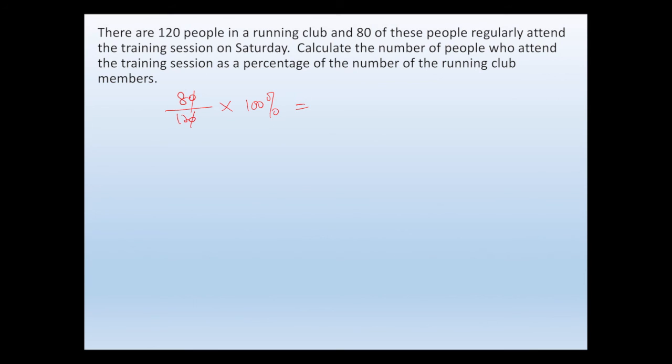So therefore, we can cancel that out. 80 divided by 40 is 2, 120 divided by 40 is 3. So you have 2 over 3 times 100%, and we know that 2 over 3 is 0.666 times 100%. So I'm going to give it as 66.6%, to 1 decimal place.